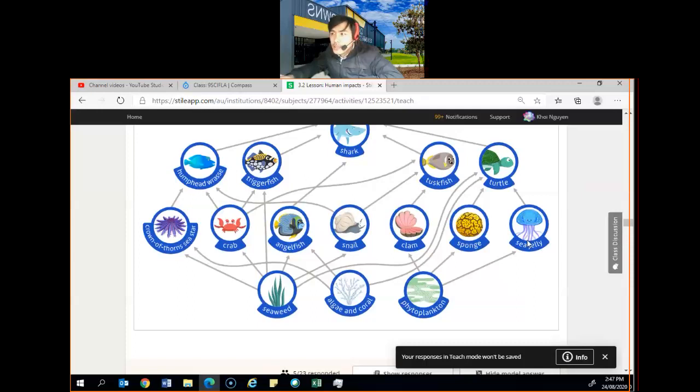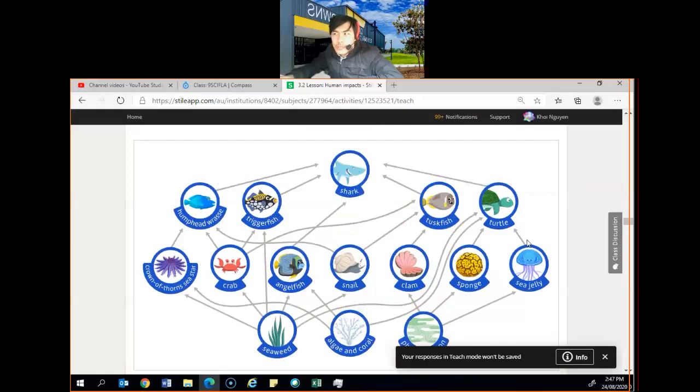They've only lost one source of food. So overall, I guess what it's saying is that the effect of the seaweed is not that big. So the amount of decrease is outweighed by the amount of increase. So therefore, overall, the population of turtle would increase.